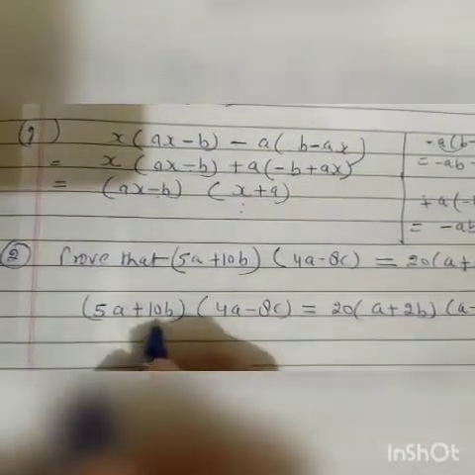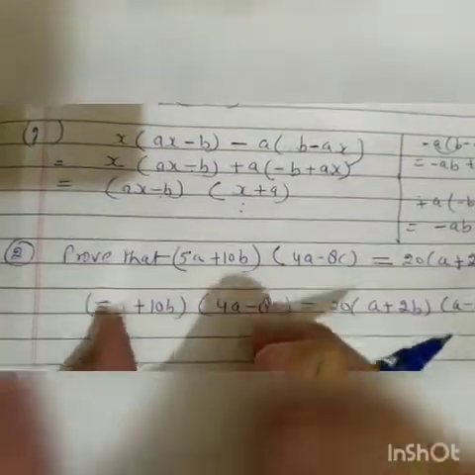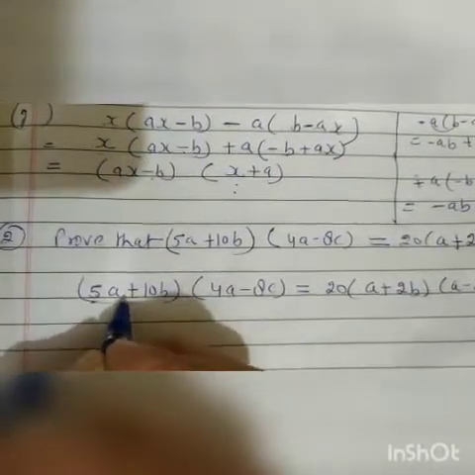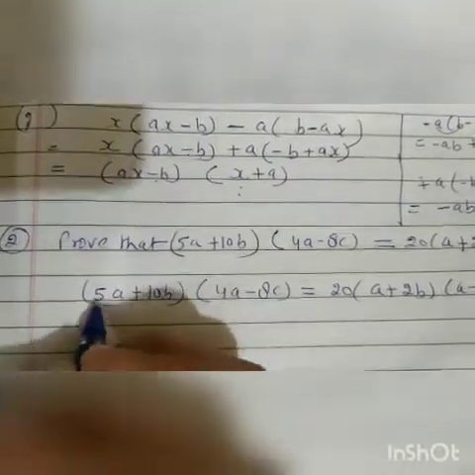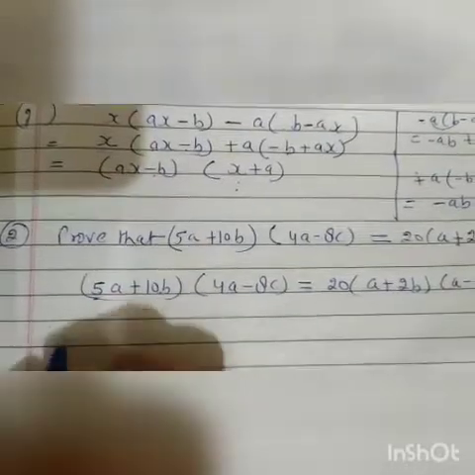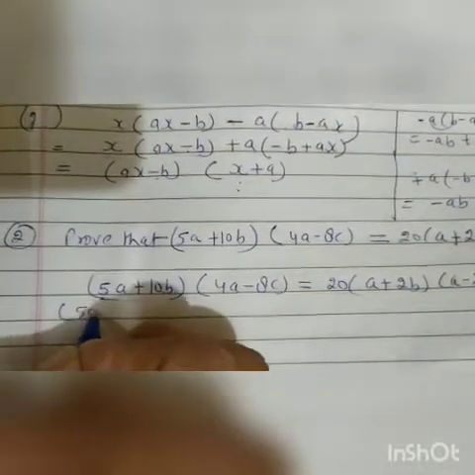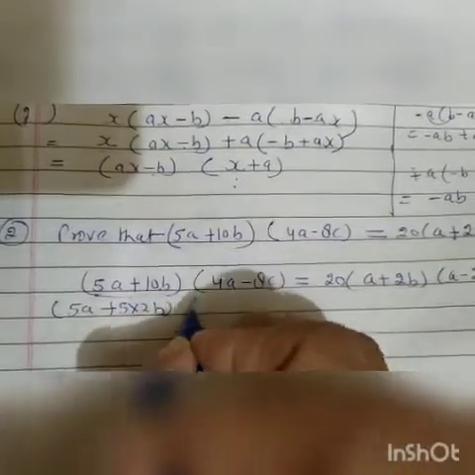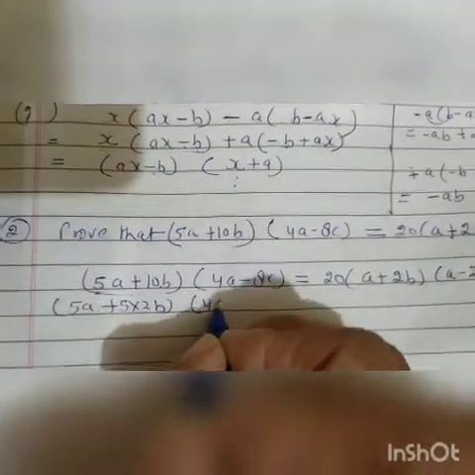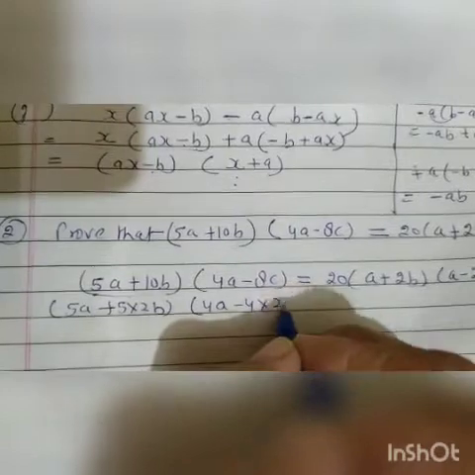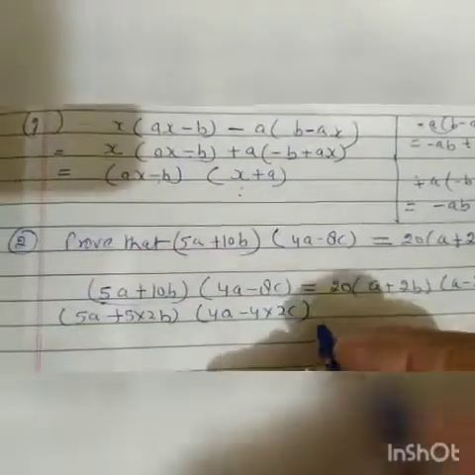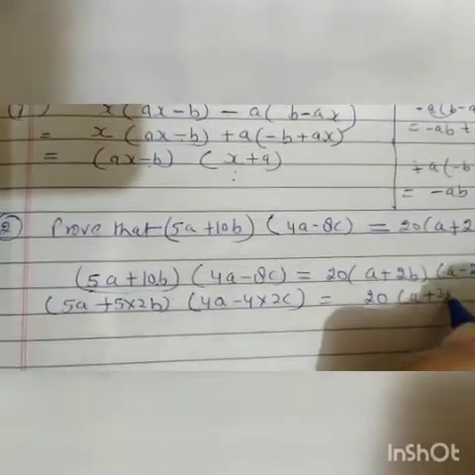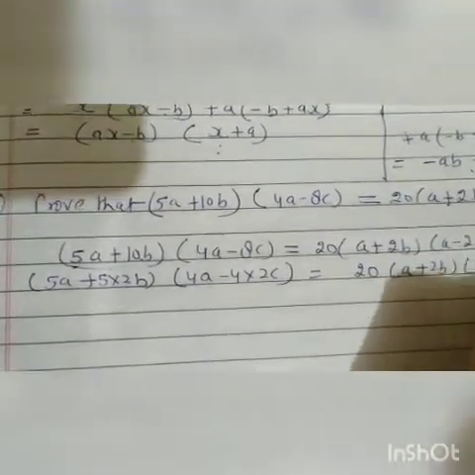Students, we will take this side only. We will solve this side. See, if we see the first bracket only, 5A plus 10B, we can take common from here. We can write it 5A plus 5 into 2B, and we can write this one 4A minus 4 into 2C.